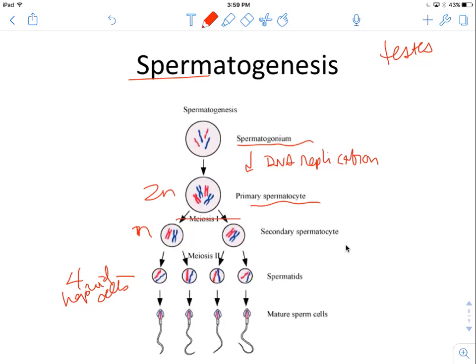okay? And now these haploid cells are not fully mature sperm. First of all, they're too big. They've got to swim far and they've got to swim fast. So what the sperm does to become a mature sperm cell is it basically gets rid of all of its cytoplasm. And it just becomes kind of a nucleus on a stick, a nucleus with a tail. Okay? And you'll notice here, it's really just delivering DNA.